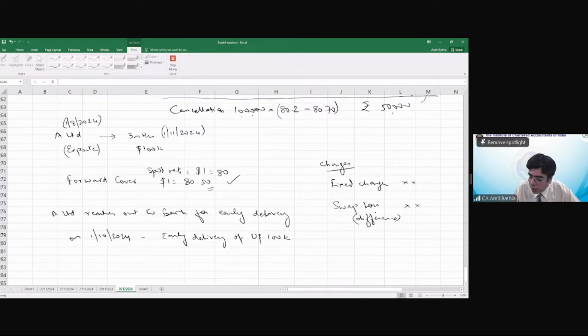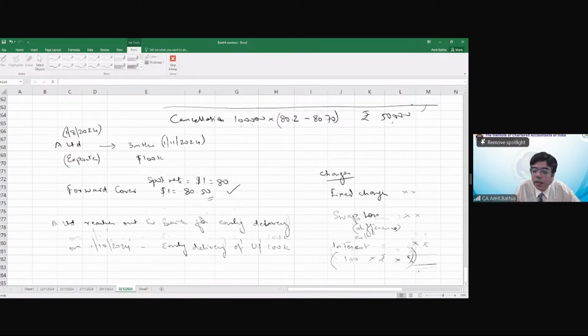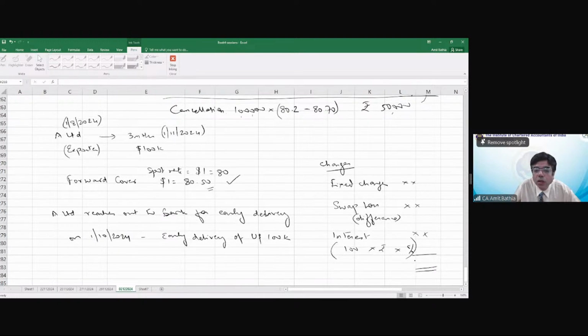So you will recover the fixed charge, you will recover the swap difference, and then, of course, since I am paying you 1 month upfront, whatever is the interest rate on these 100K, into the prevailing rate, I am going to charge you this interest for early payment. That is going to be my charge for this entire example.